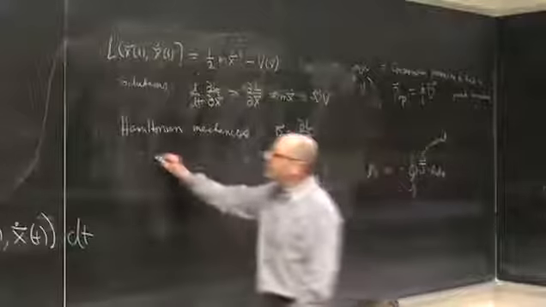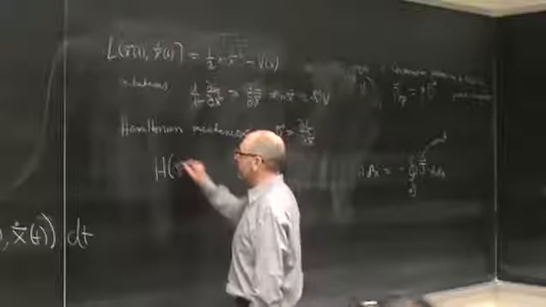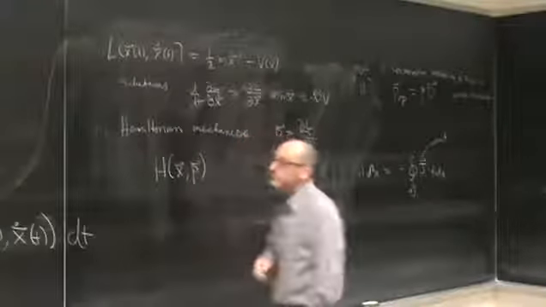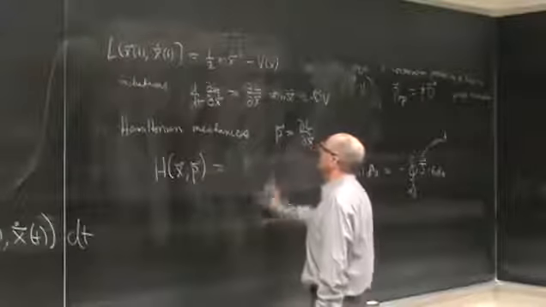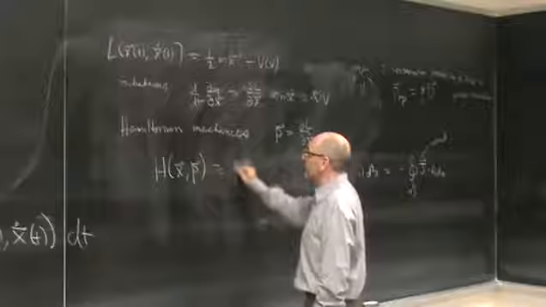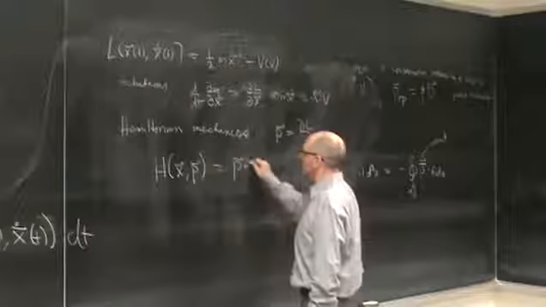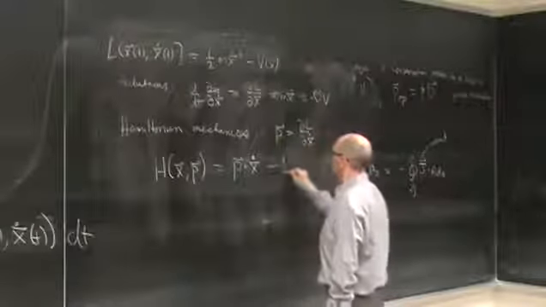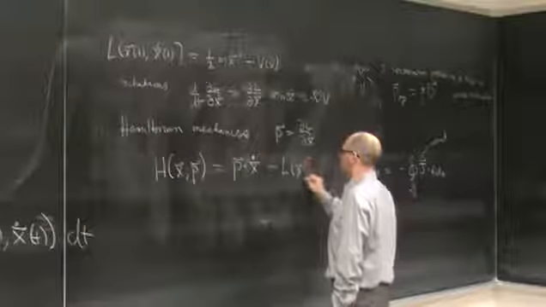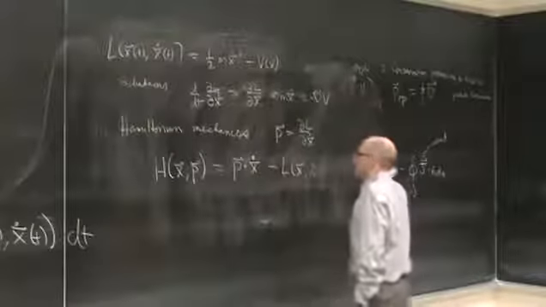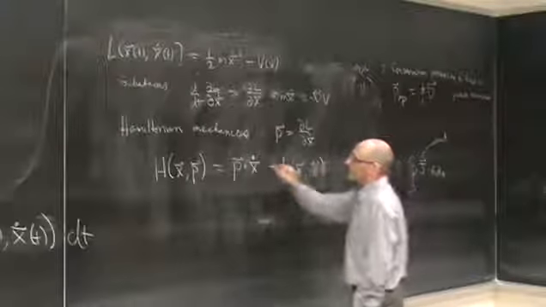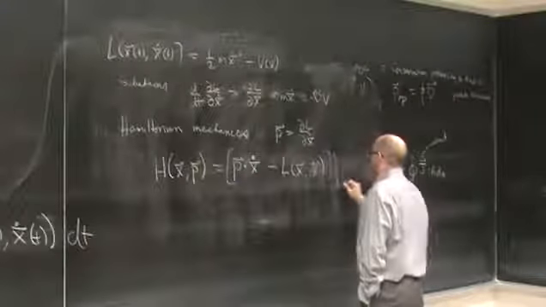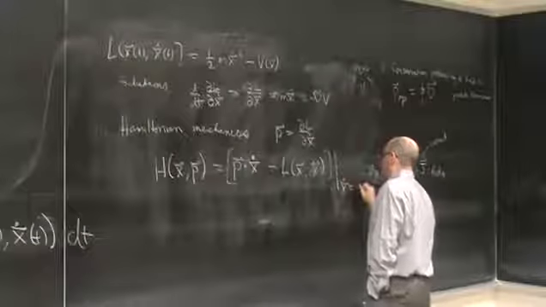And we define the Hamiltonian as a function of position and momentum, as the canonical momentum dotted into x dot minus the Lagrangian evaluated when x dot is p over m.